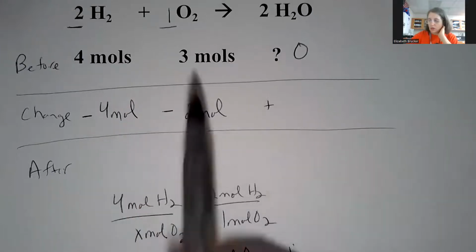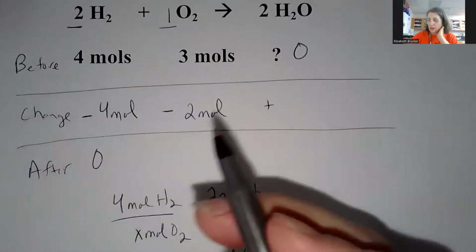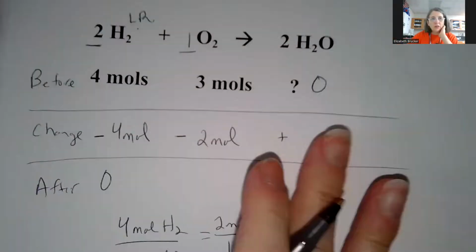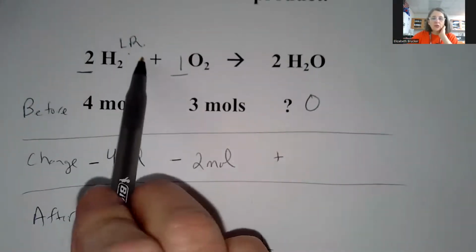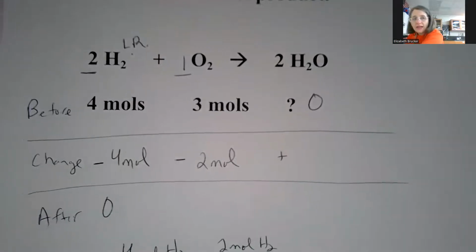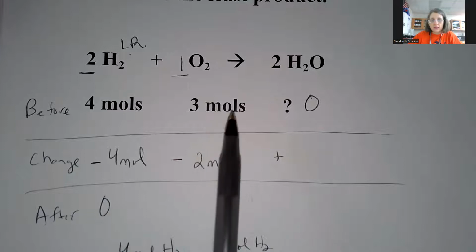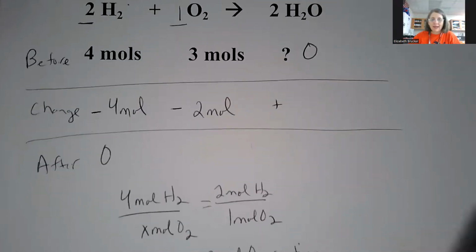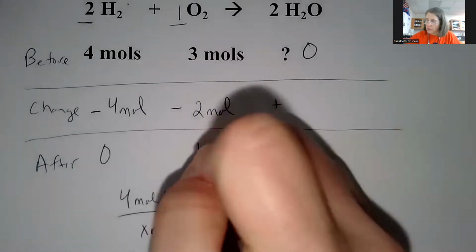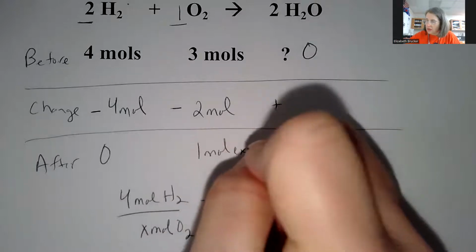When I subtract those two, this is always going to go down to 0. Whatever is my limiting reagent, LR is our abbreviation for limiting reagent or limiting reactant, is always going to go down to 0. So one of the reactants is going to go down to 0, and the other you're going to have what we call excess. So I have 1 mole of excess oxygen.